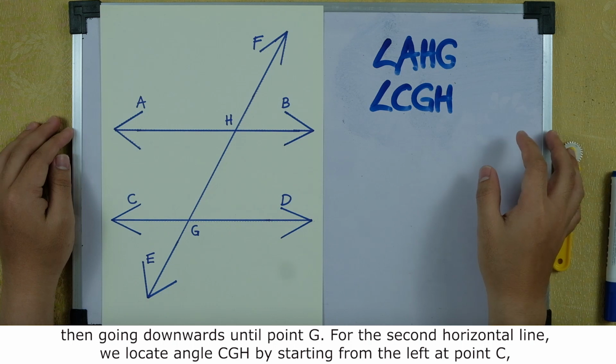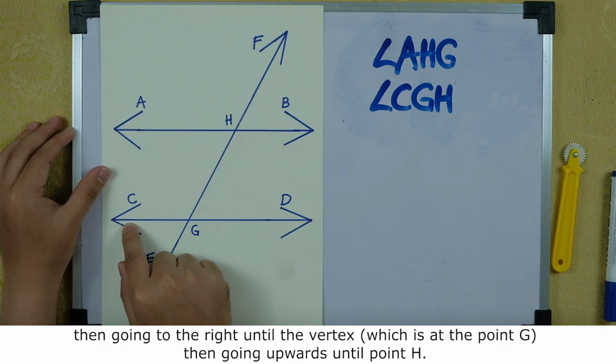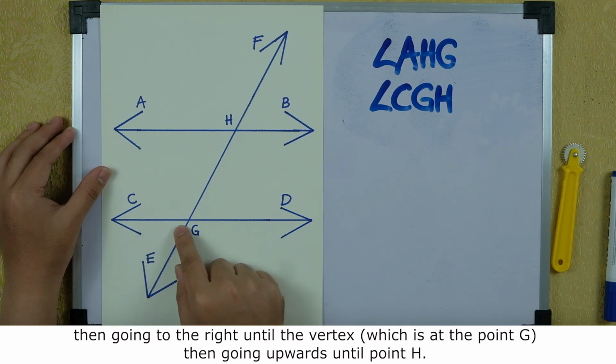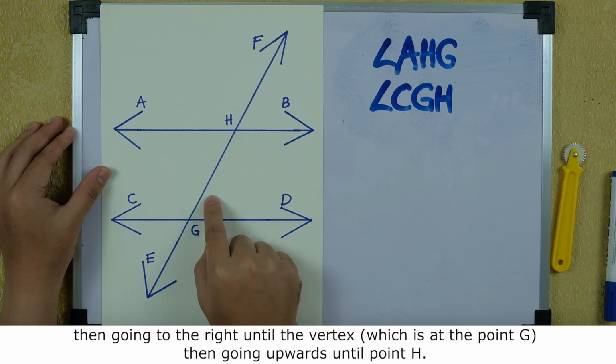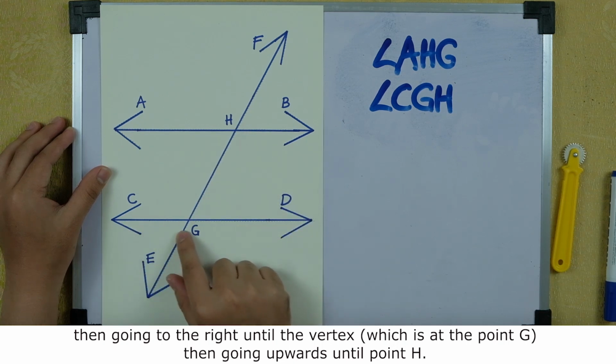For the second horizontal line, we locate angle CGH by starting from the left, which is at point C. Then we go to the right until we reach the vertex, which is at point G. Then we go upwards until we reach the point H. So this is angle CGH.